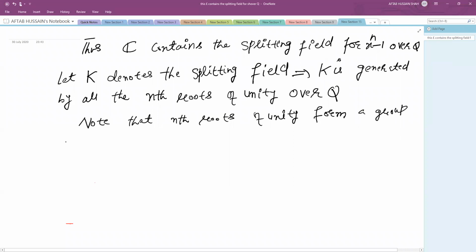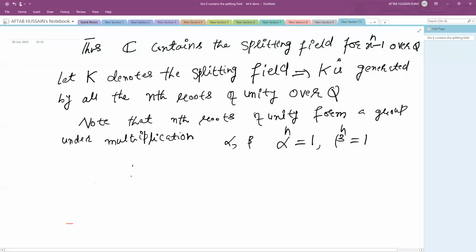Because if I have alpha and beta, nth roots of unity, then alpha raised to power n is 1, beta raised to power n is 1. So if I raise alpha beta whole n, it is alpha n beta n, which is 1. So it's a subgroup of the group of complex numbers, therefore it's a group.